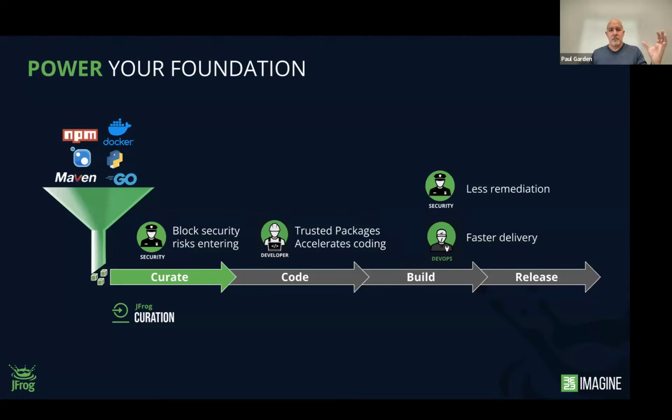So powering the foundation at the beginning can speed development, mean less remediation, faster delivery, faster time to market, which generally means more profit for an organization. So companies really want to have this control of what's coming into their organization, and that's what curation does.